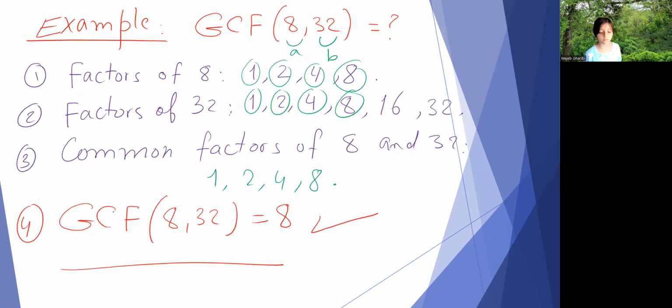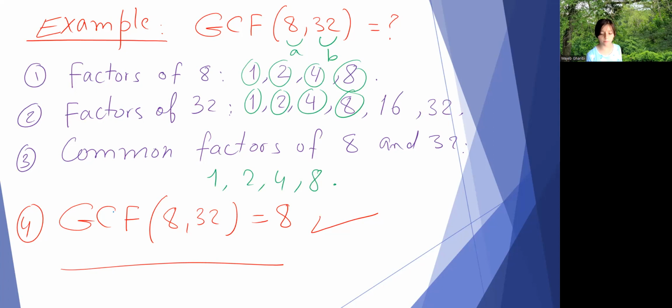Let us have an example, Maria. Find the greatest common factor of two integers, A and B. A here is 8 and B is 32. The first step is to find the factors of 8, which are 1, 2, 4, and 8. Then we find the factors of 32, which are 1, 2, 4, 8, 16, and 32.